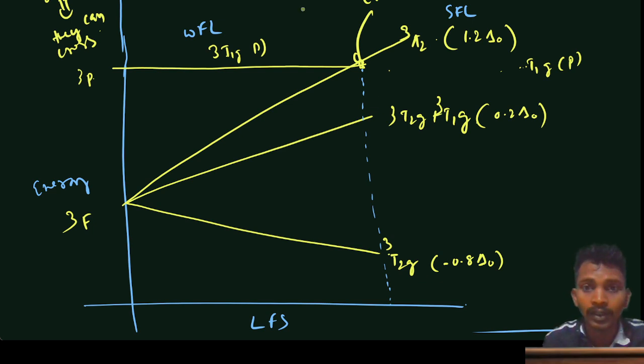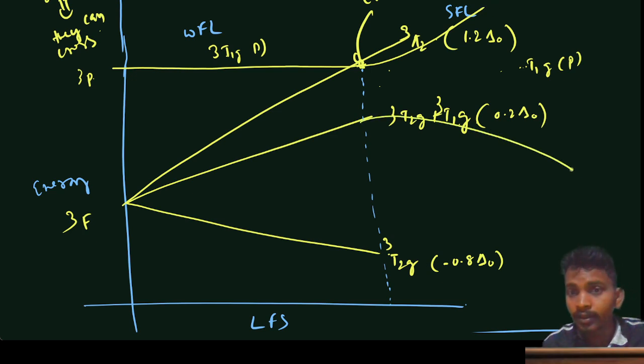So after the crossover point, since this is T1 and this is also T1, this will start to repel like this. Okay, and it will go like this.